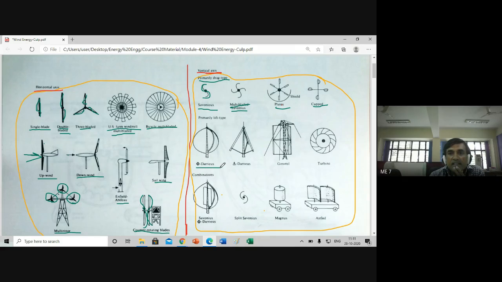Darrieus. Delta Darrieus. Giromill turbine. This is similar to a Francis turbine. It is similar to that, but the direction of the twisted blades will be in the opposite direction. Savonius, Pi Darrieus, Split Savonius, Magnus, airfoil.